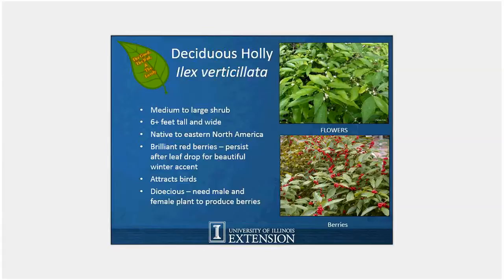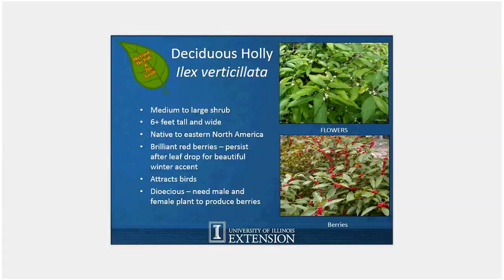This next slide here, we have deciduous holly. And deciduous holly is native to eastern North America. It can range anywhere from 3 to 12 feet, but usually averages around 6 feet tall and wide. What's nice about this plant is it can grow in a range of soil types, from average to a medium to a wet soil, and it does like acidic soils as well.